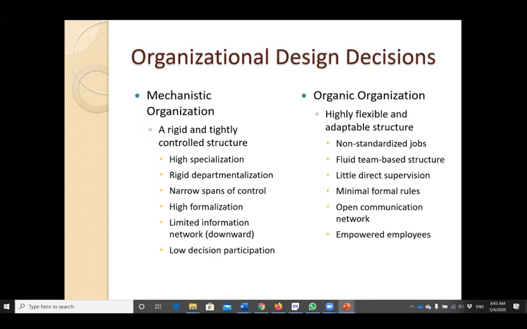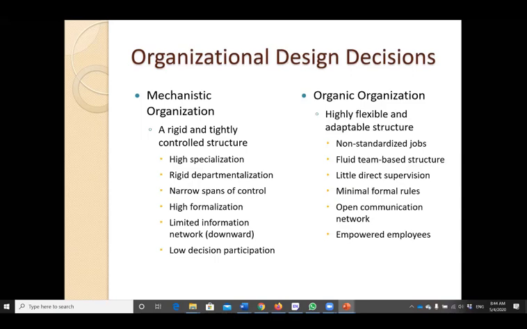And because there are limited lines of command for the chain of command, it's very difficult to exchange information between different departments. That's why we experience a limited information network. And because it's very rigid and high in specialization, you may not expect that the lower levels of managers can be involved much in the decision-making process.